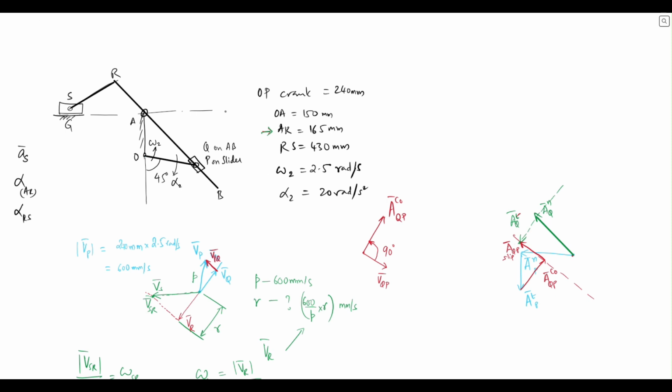So in effect, we find that this is the acceleration of Q, and we can extend that acceleration of Q to the other side based on the length from A to Q versus A to R, and that gives us this point, the acceleration of point R. From here, we know that the normal acceleration of point S with respect to R is like this.